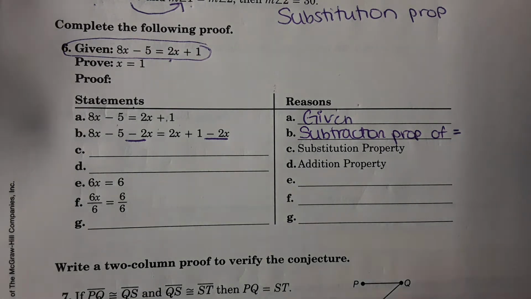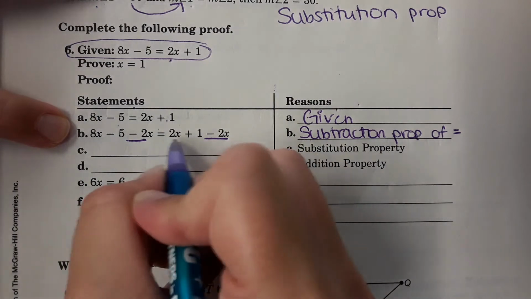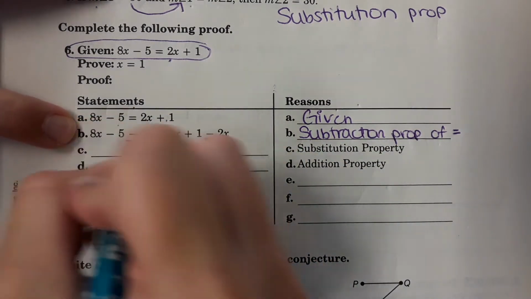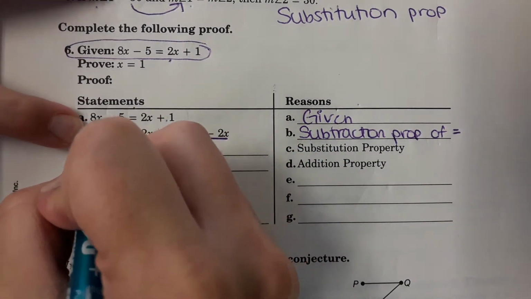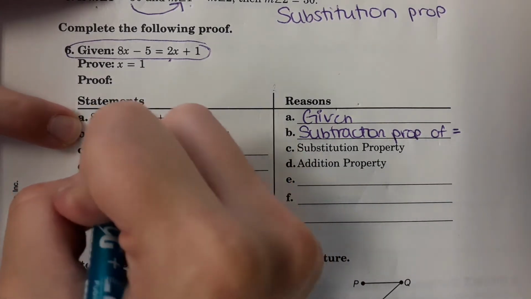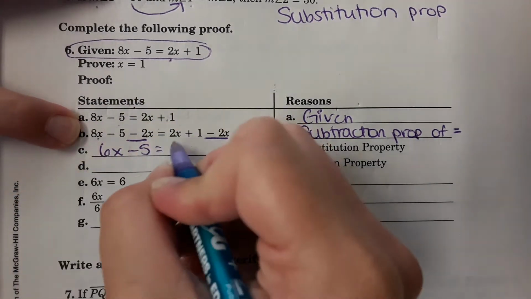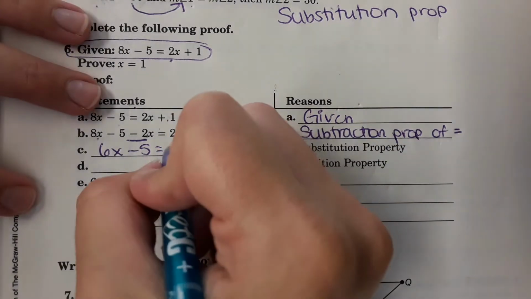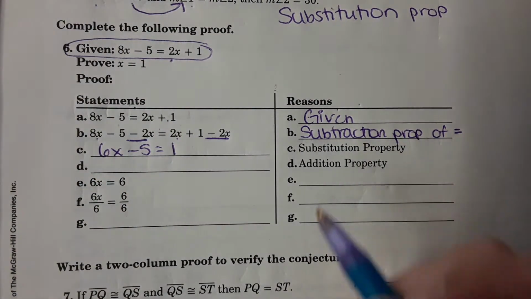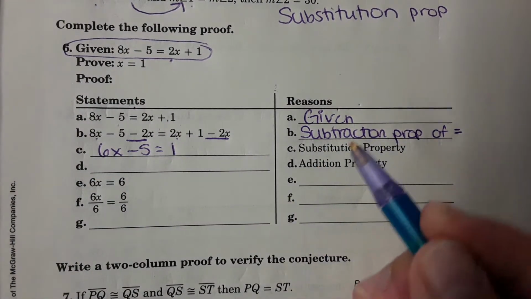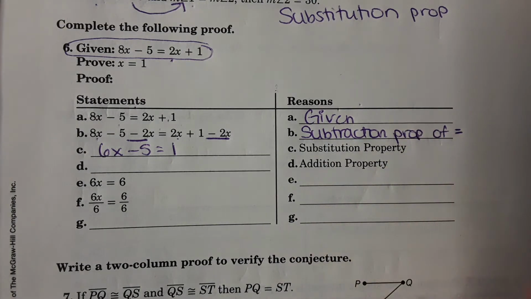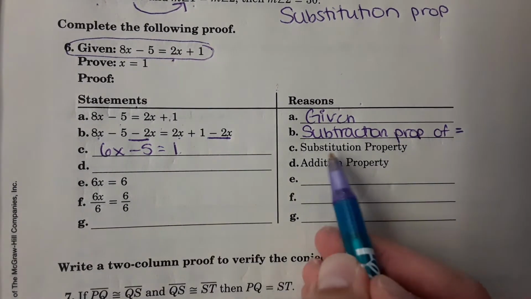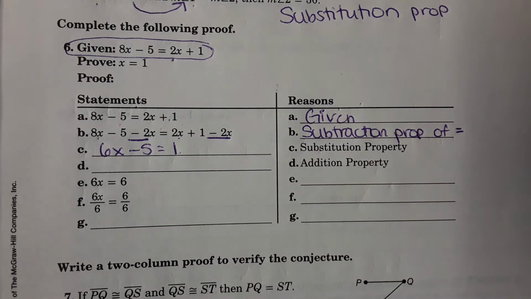Then the next step that you would take in solving this is you'd probably combine your like terms. So you might do 8x minus 2x to get 6x minus 5. And then 2x minus 2x is just 0, and then it's equal to 1. I would call that simplifying or combining like terms. In these proofs, they call that substitution. So anytime you combine like terms or just simplify that equation, it's called substitution.